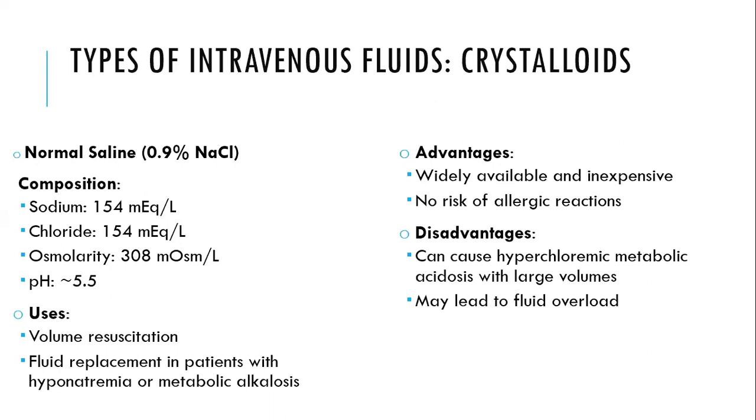It has a sodium concentration of 154, and it's important, especially when we are calculating sodium deficit and how to replace it. So you need to know the sodium content of your normal saline is about 154. The osmolarity is about 308 milliosmol per liter, and the pH is about 5.5, so it's slightly more acidic than plasma.